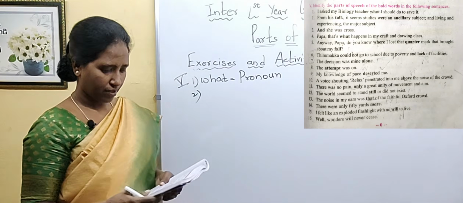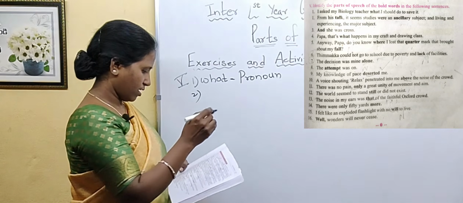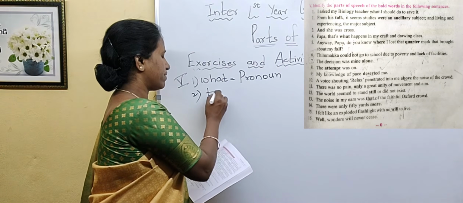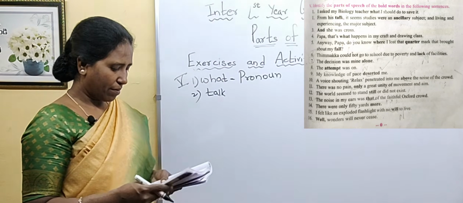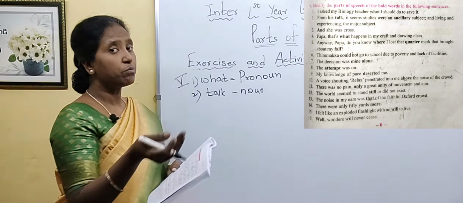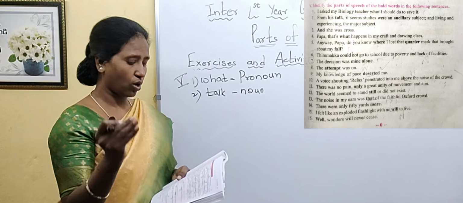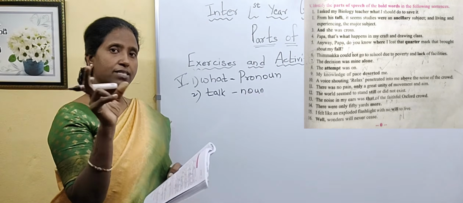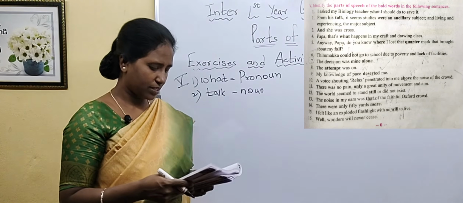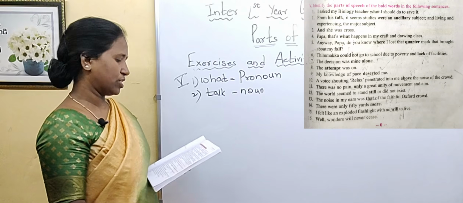Okay, and then from his talk, talk is the first word here. From his talk, talk is a noun. Here actually, if it is I am talking, it is a verb. From his talk, it is somebody's speech. Okay, from his talk, it seems studies were an ancillary subject.